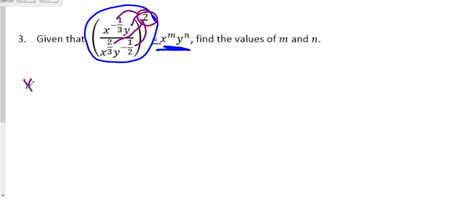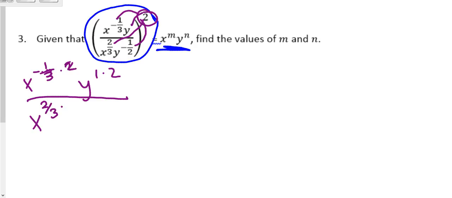So I have x to the negative 1/3 times 2, and I have y to the first times 2 over x to the 2/3 times 2 and y to the negative 1/2 times 2.